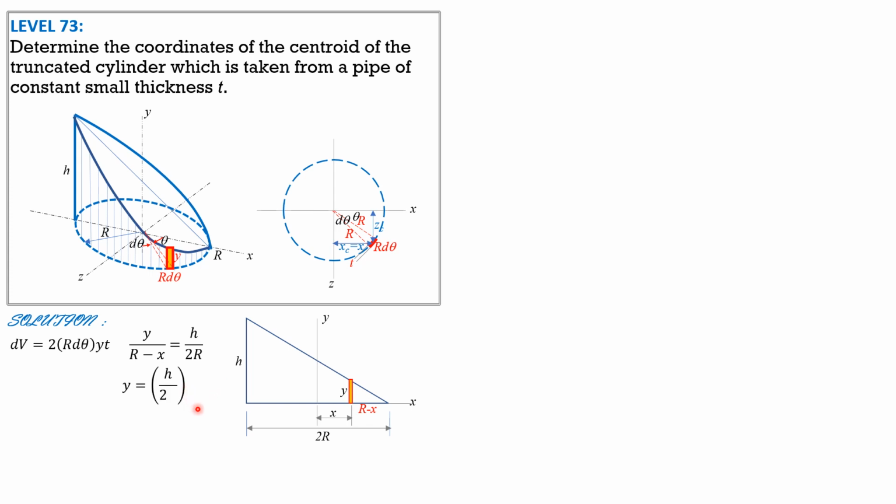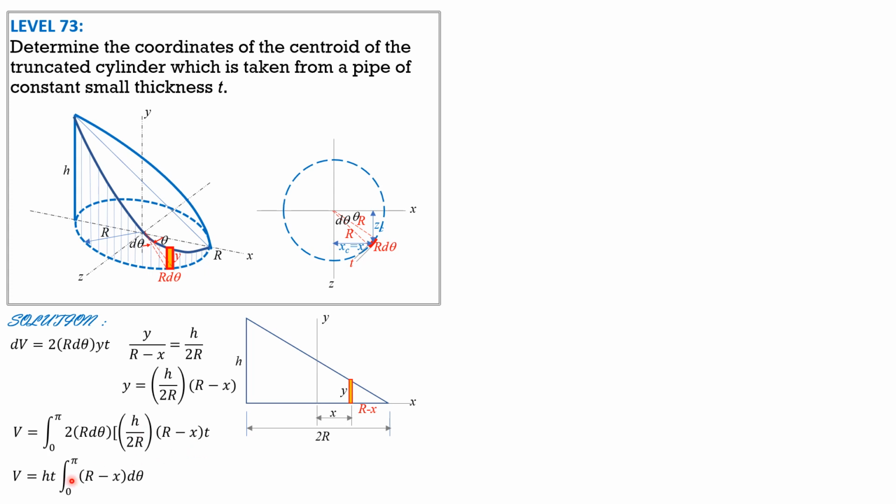So that means y is h over 2r, quantity r minus x. Substitute here. So volume equals 2 times r d theta, then y, h over 2r, r minus x, times t.